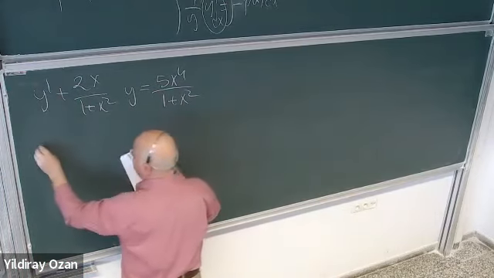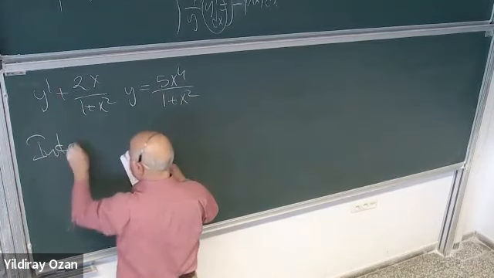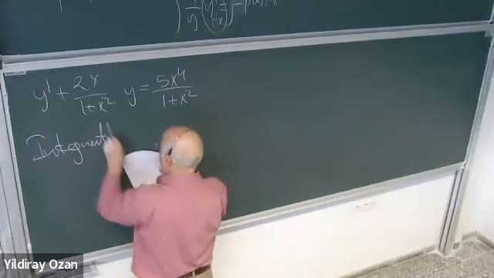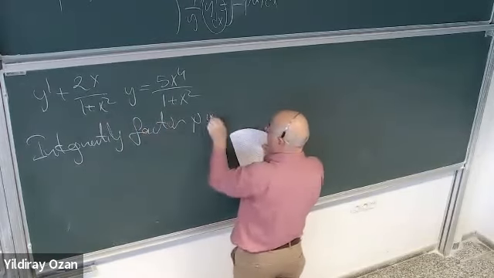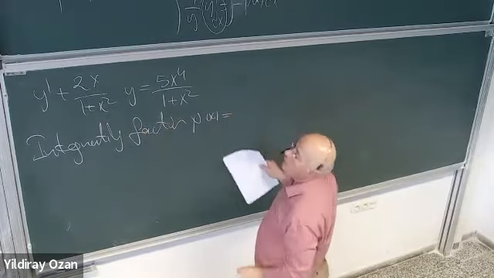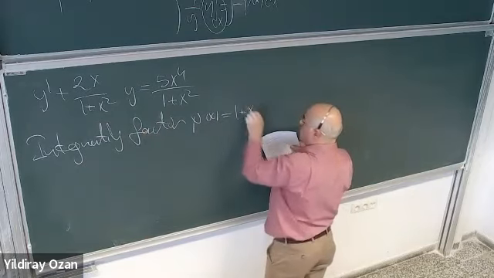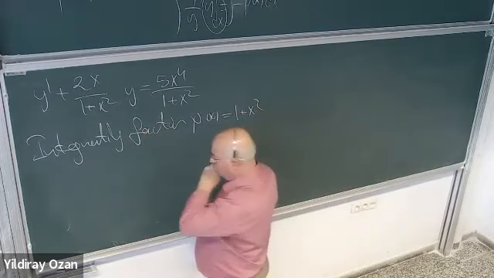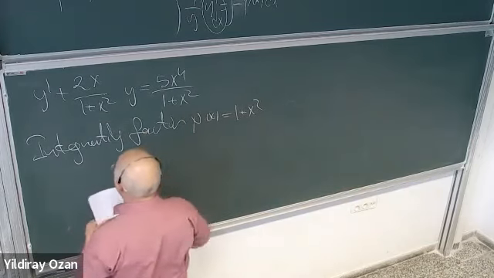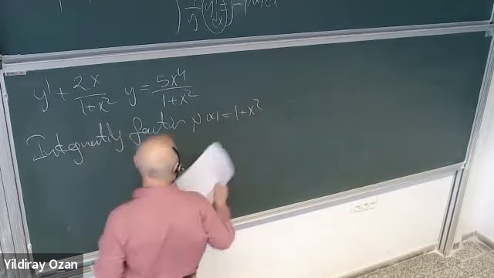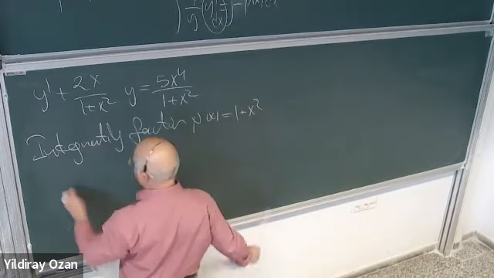And integrating factor mu(x) is also 1 plus x squared. So we just multiply this equation with this.